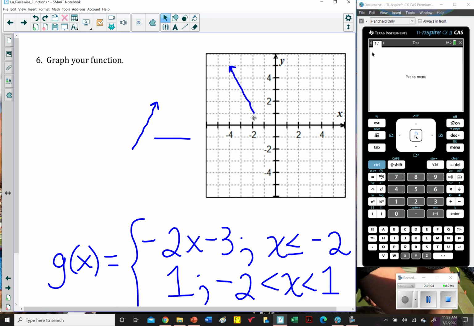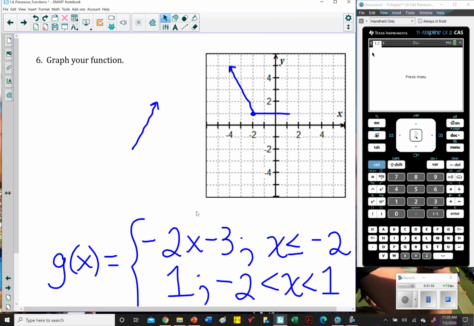So if you follow that pattern, 2 down, 2 down, it would start right there. And like I said, I could close it up there. And then y equals 1 is going to be a constant function. And it's got an open circle on both ends. So open here, but this one closes. And this one's open. That's not a very good open, is it? But you get the idea.